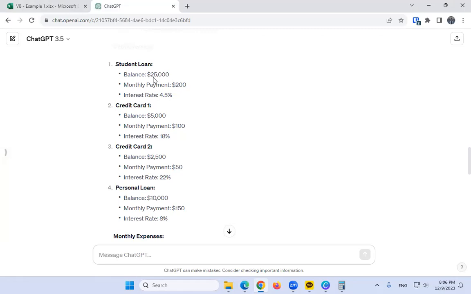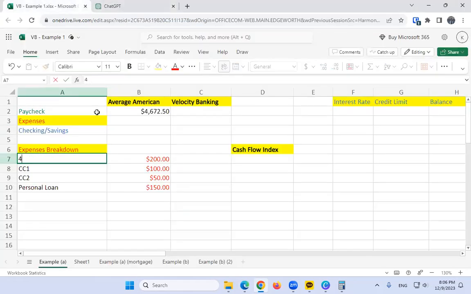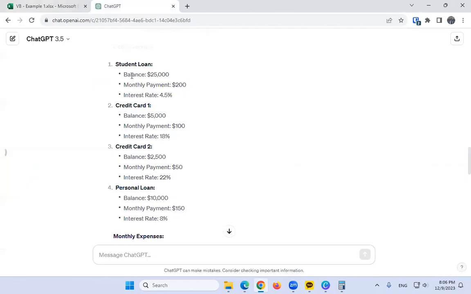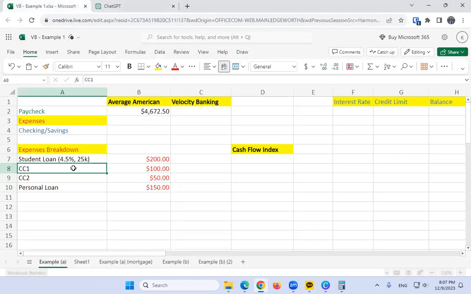So 4.5% interest and a 25K balance, and whoopsie, did I screw up? 4.5% and 25K balance. What's credit card one? 5K and 18%. So I put the percentage first, 18% and 5K.